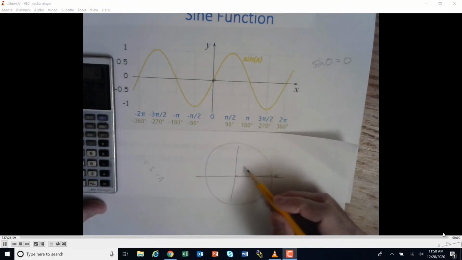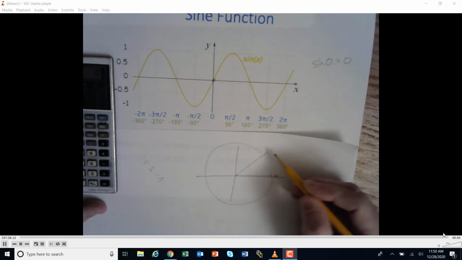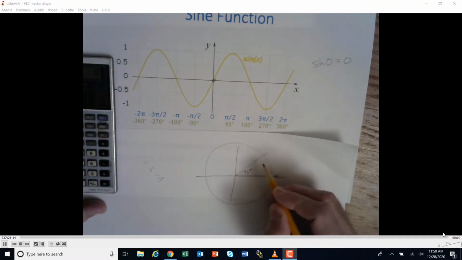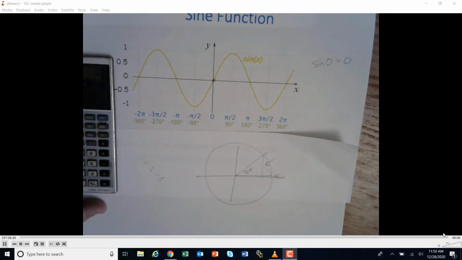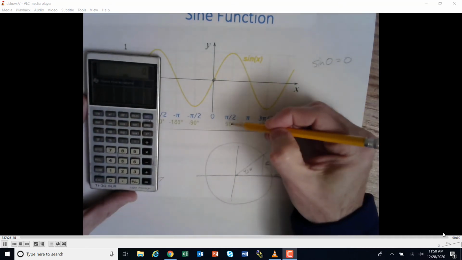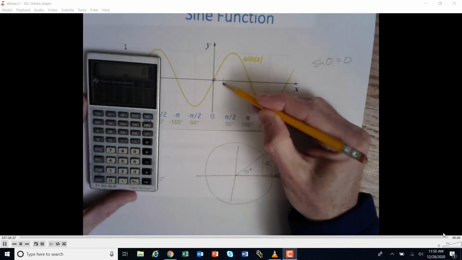If I went up to, let's say, 45 degrees right here, that would be this length here. Now what is this length? Well, it's a lot more than 0, because it got bigger. This is 90, and it looks like 45 is in here somewhere.